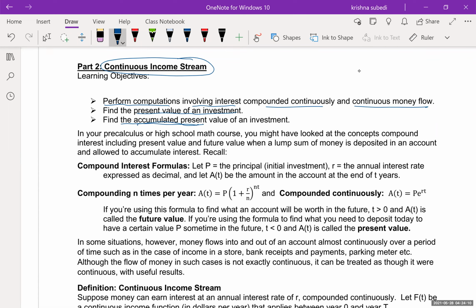This accumulated value of an investment is called the future value of the investment. I believe in your high school or pre-calculus, you already solved problems related to compound interest.